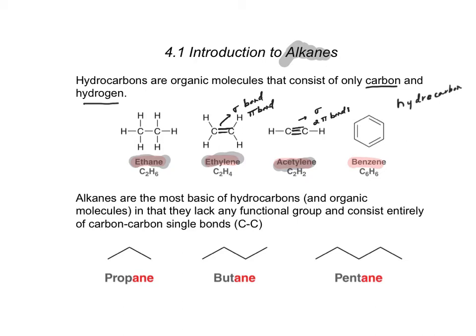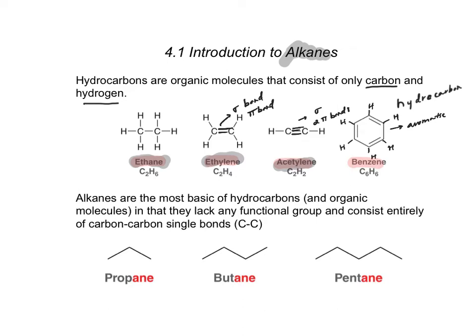Then this benzene ring is aromatic, and it is also a hydrocarbon. All it has is carbon-hydrogen single bonds. As a reminder, there are implied hydrogens all around this compound. Please do not forget the implied hydrogens.